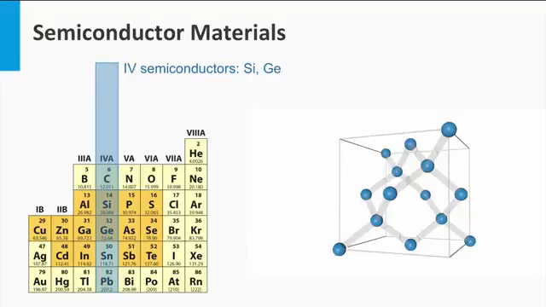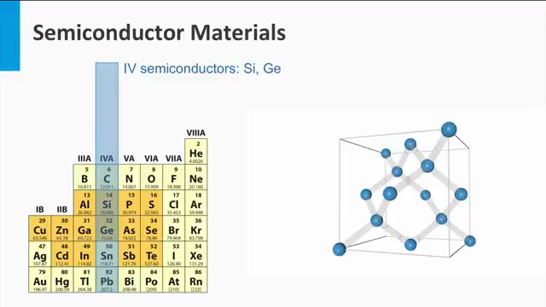Carbon, silicon and germanium all have tetrahedral coordination and form a diamond cubic crystalline lattice in their crystalline phase. Silicon and germanium can be considered as group 4 semiconductor materials. The 4 stands for the number of valence electrons.